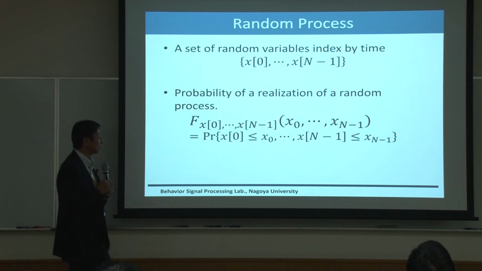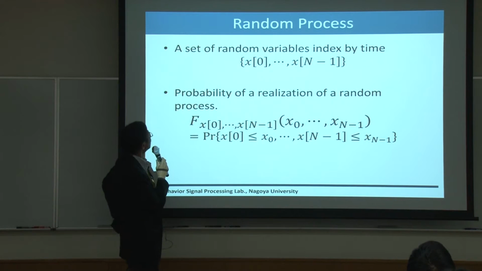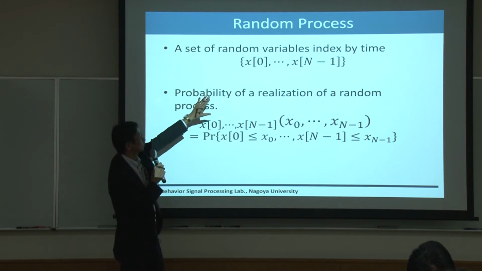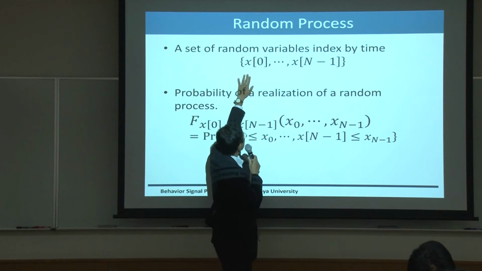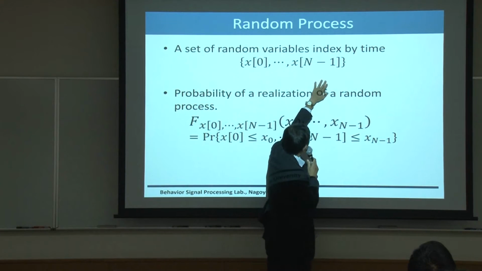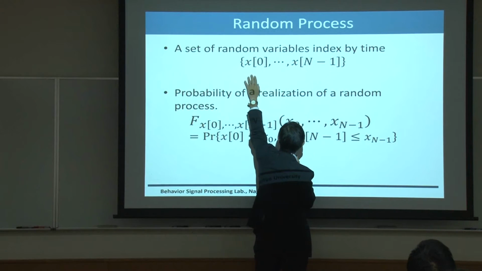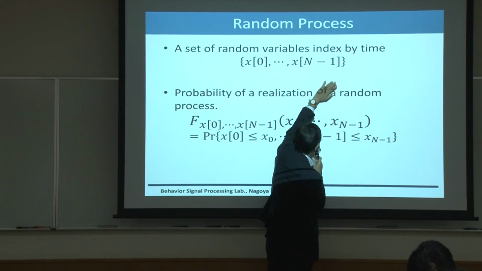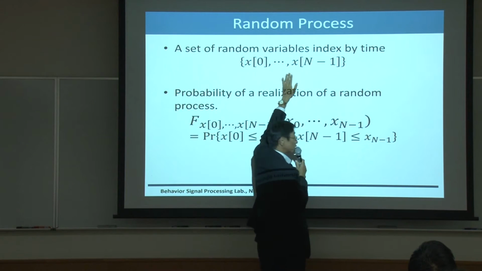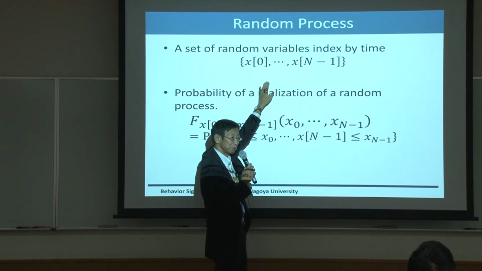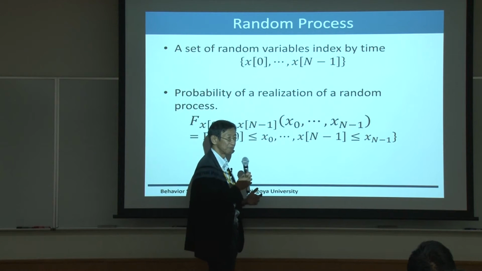Last week I talked a little bit about random processes. A random process is a set of random variables indexed by time. So here's a set of signals, a set of data, but these data are of course ordered by an index, and each is also a random variable, which means that you cannot know the value before observation.